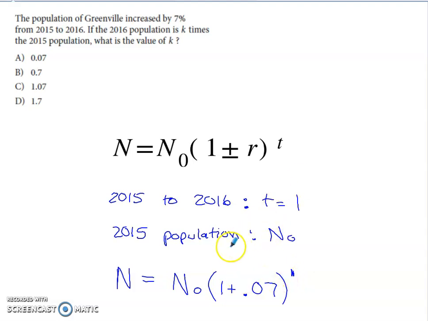So if I take the 2015 population, N0, and multiply by 1.07, I'm going to end up getting the 2016 population. I'd be a little nervous about us potentially choosing option D. If you're too careless when you adjust 7% to a decimal, you might quickly try to choose option D. Hopefully it makes sense why the correct option is option C.